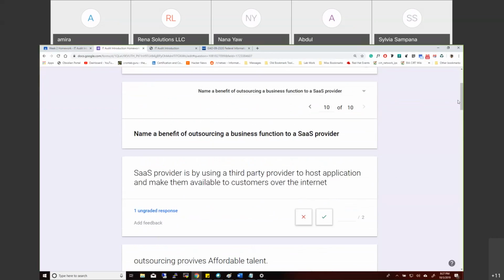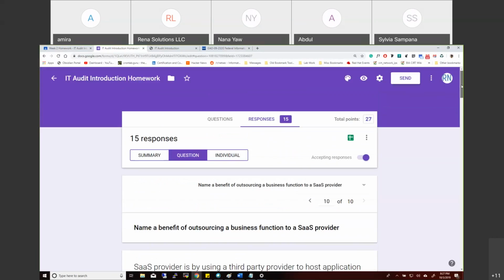The last question is: name a benefit of outsourcing a business function to a SaaS provider. Can I get redemption here? Well, you don't have to deal with the cost of maintenance and upkeep of that product or service.